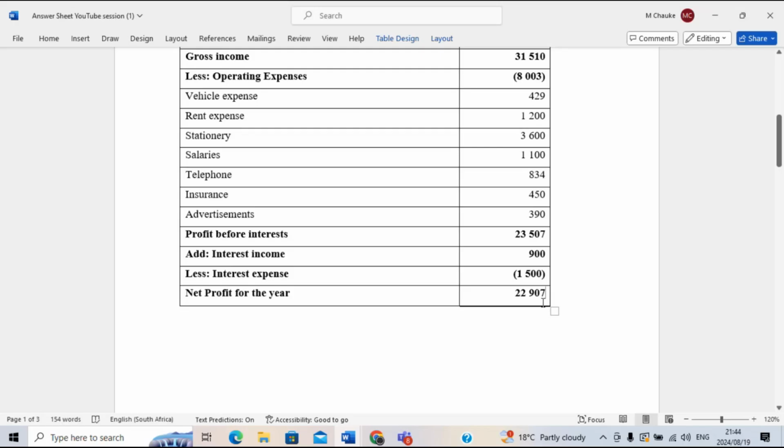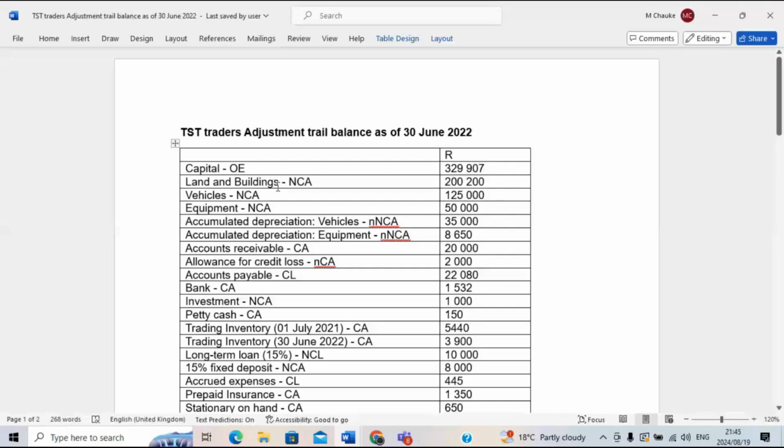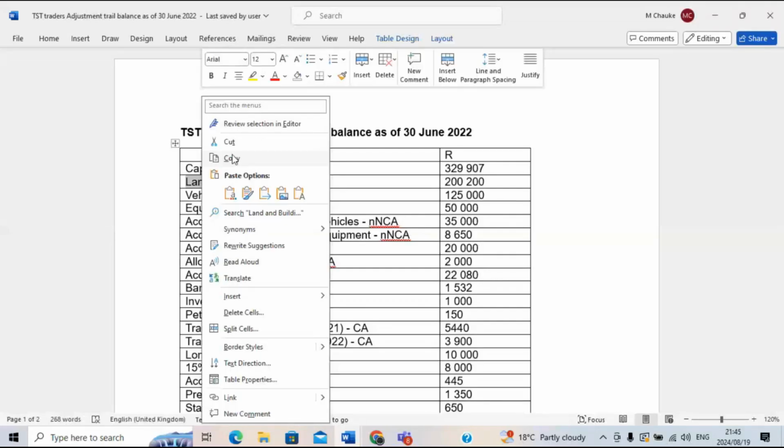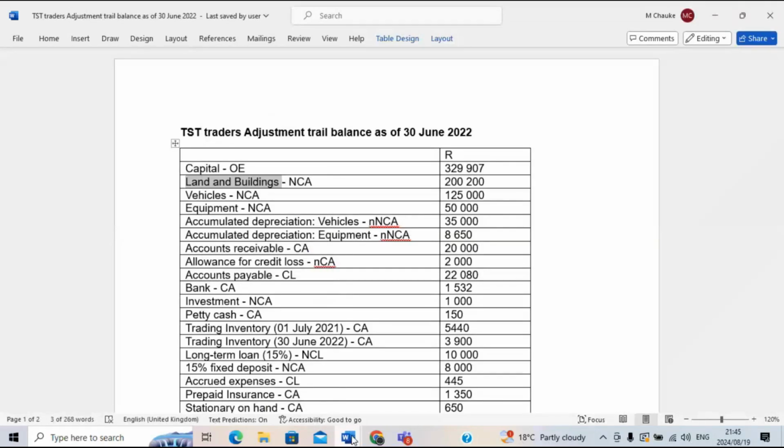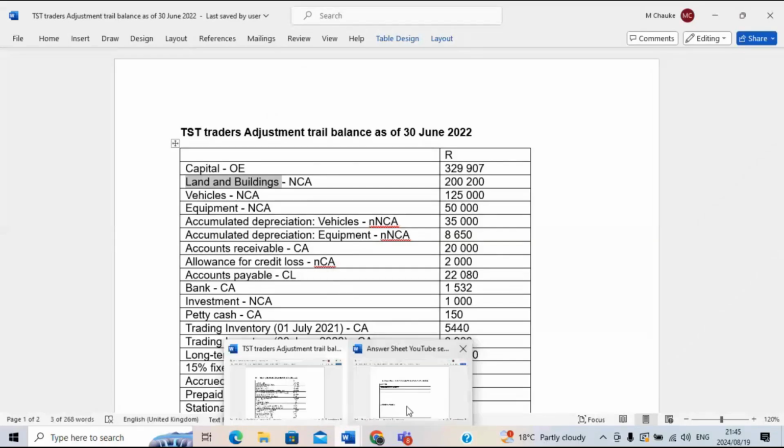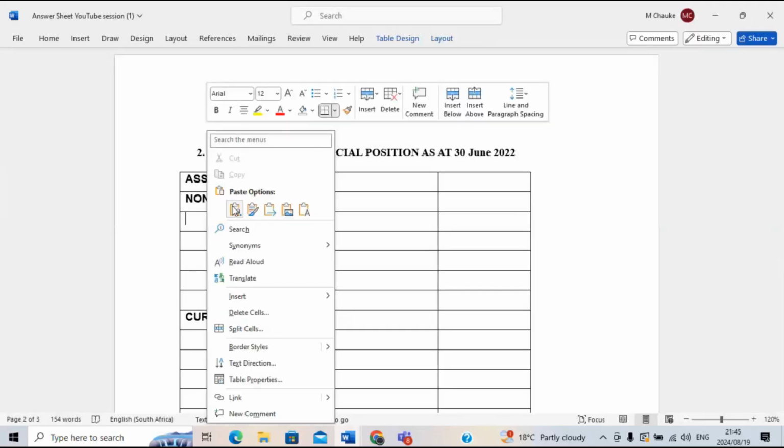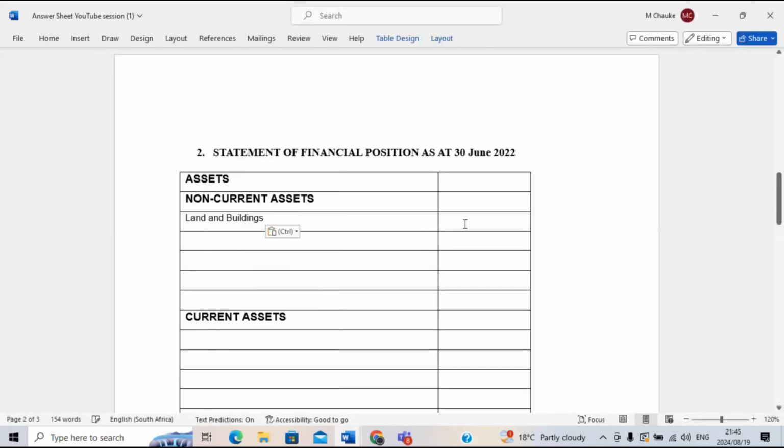So this one, London buildings, I'm going to just copy and paste that quickly. And then we also have what?